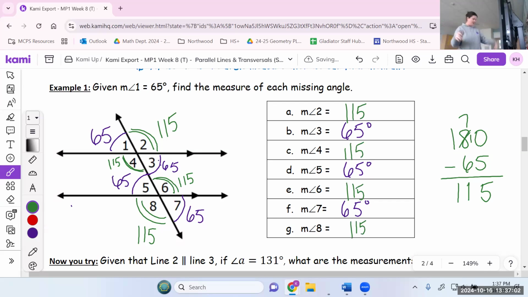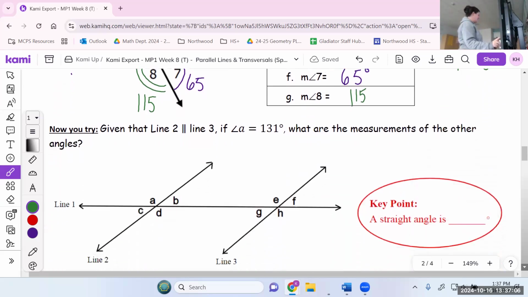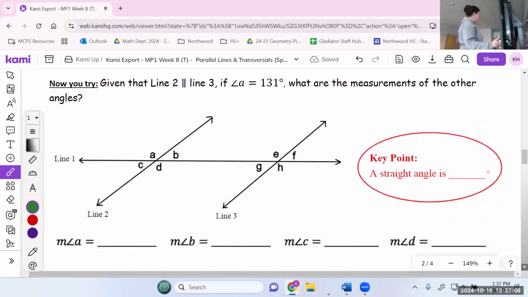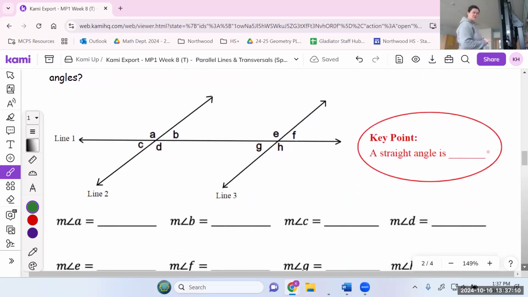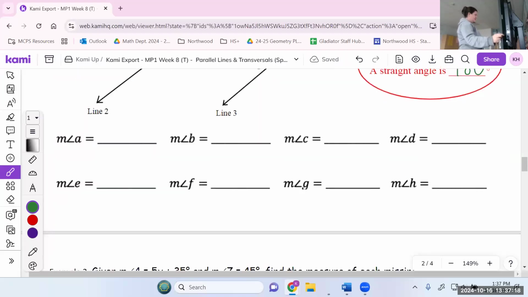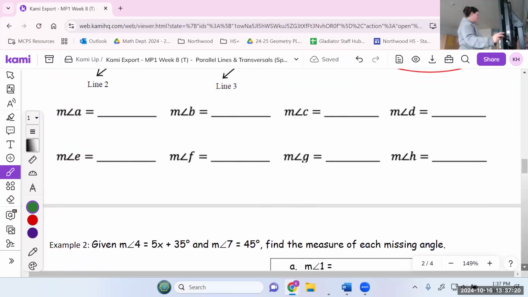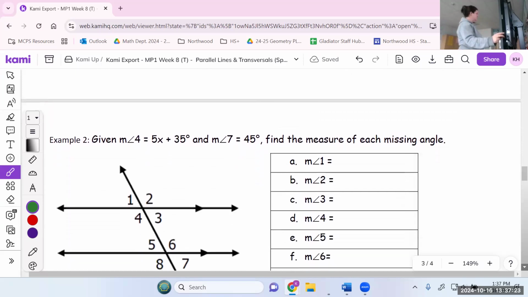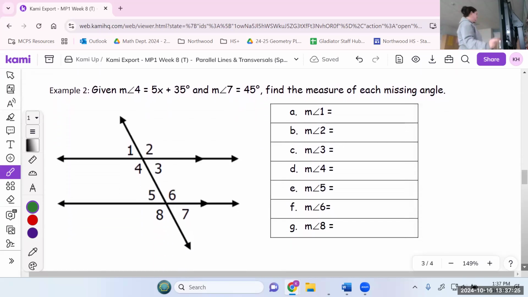Feel free to pause here so that you can try these. Oh, there's a key point. What's the key point? Straight angle is 180. Just throw that out there. Okay, so try to find all those angles. Pause as I move on to example 2.